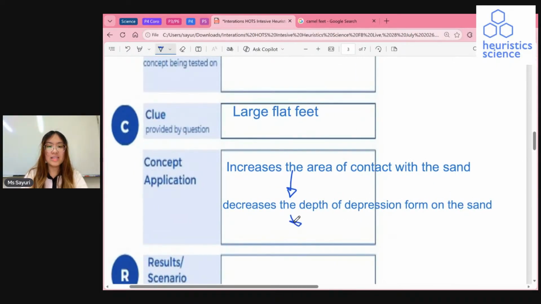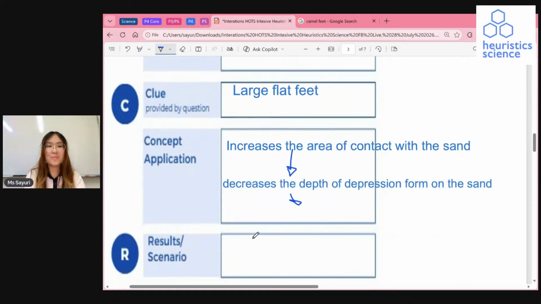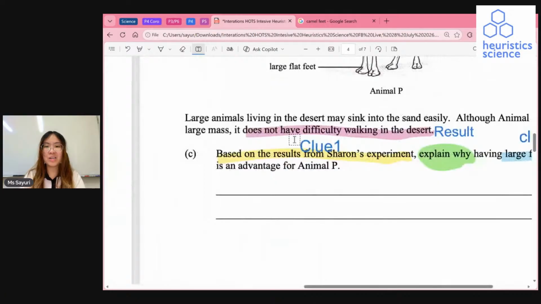So in the end, you already have the end result. You just do not have difficulty walking in the sand.